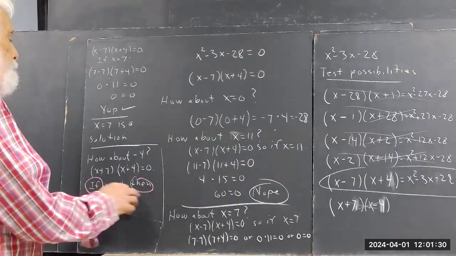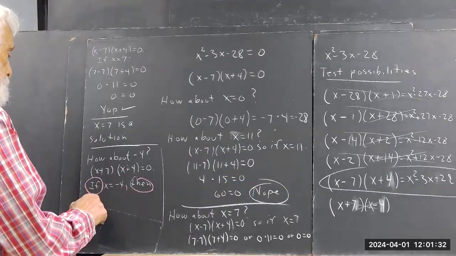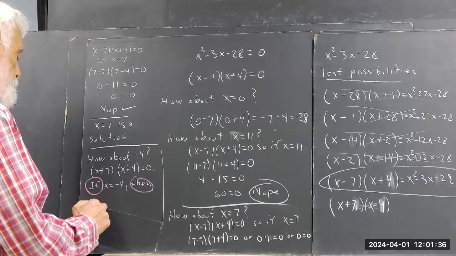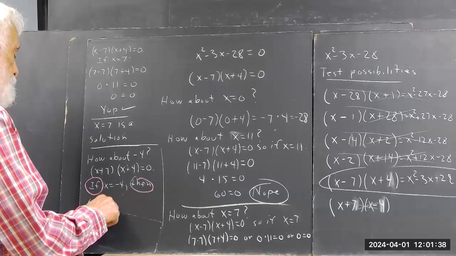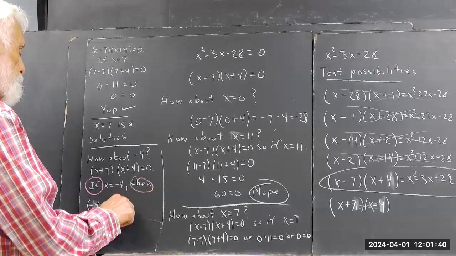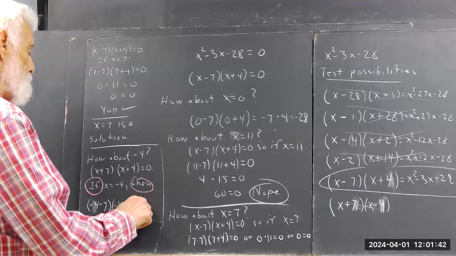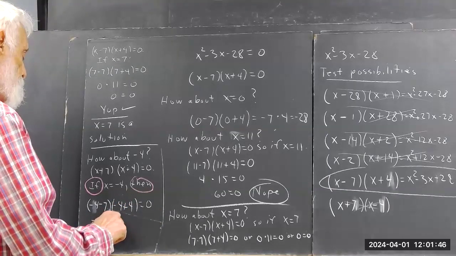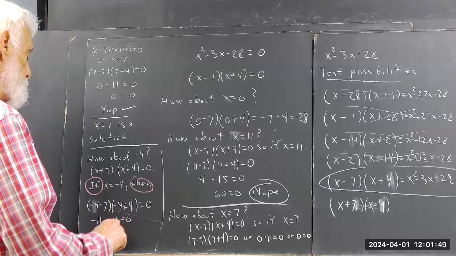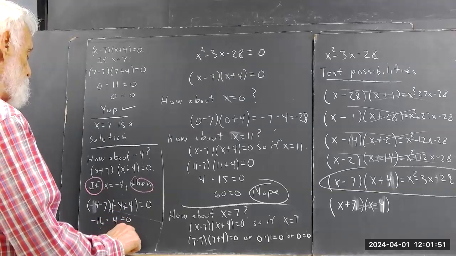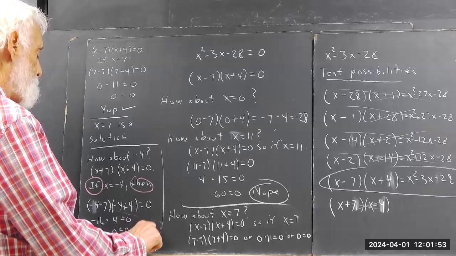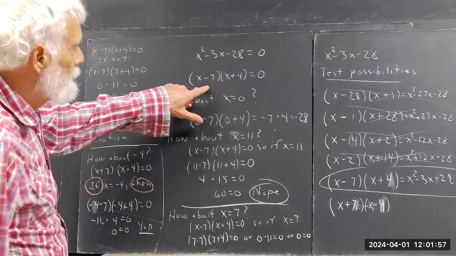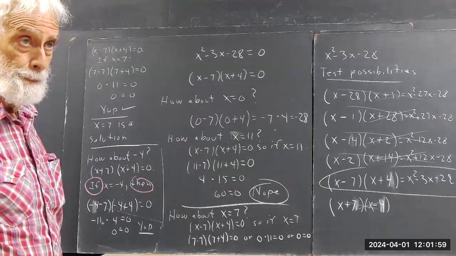So I recommend if, then, X equals -4: -4 minus 7 times -4 plus 4 equals 0. -11 times 0 equals 0. 0 equals 0. Yep. So now we see that there are two solutions.